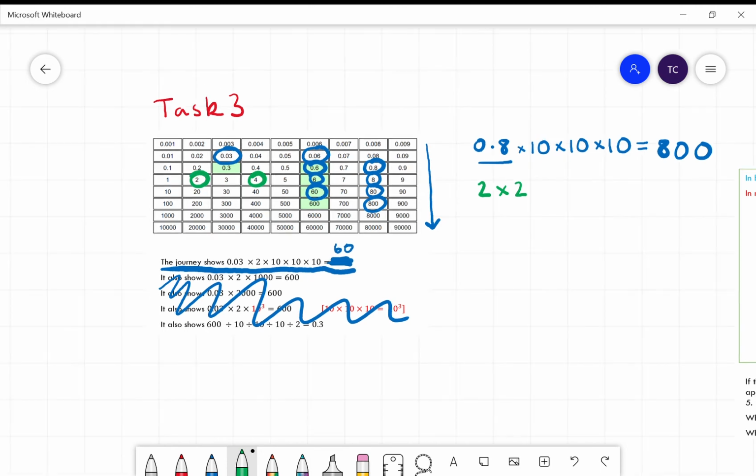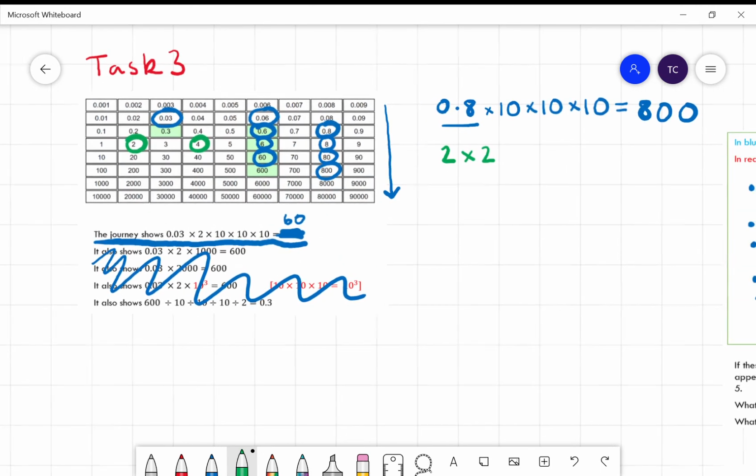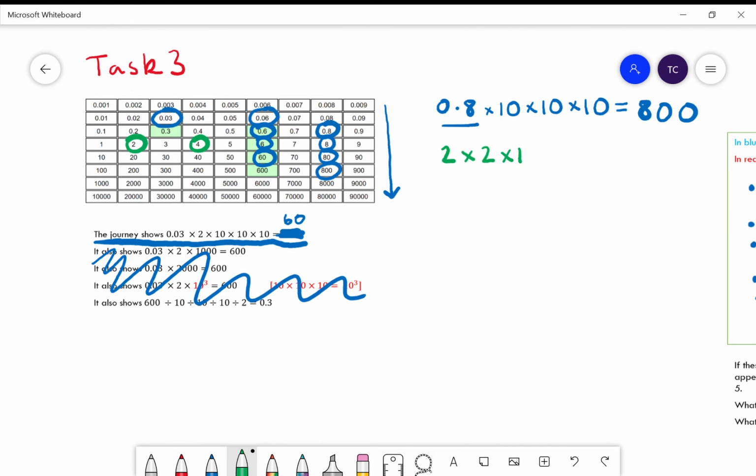Now, instead of multiplying just by 10, I'm going to multiply by 100. So when you multiply by 10, you would move down 1 row in the chart. So if I multiply by 100, I'm actually going to move down 1, 2 on the chart. So if I multiply 2 times 2 times 100, that will give me 400.